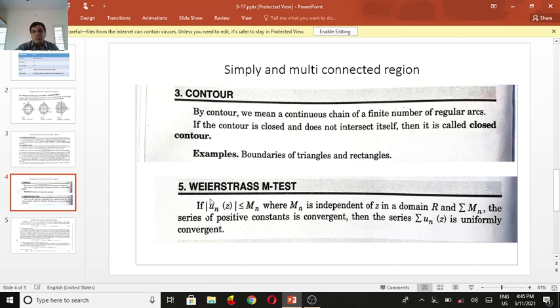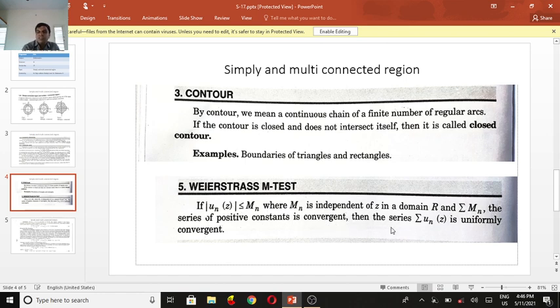One more: the Weierstrass M test. Suppose the absolute value of u n of z is less than or equal to M n, which means a bounded set, where M n is independent of z in a domain R, and the summation of M n, a series of positive constants, is convergent.